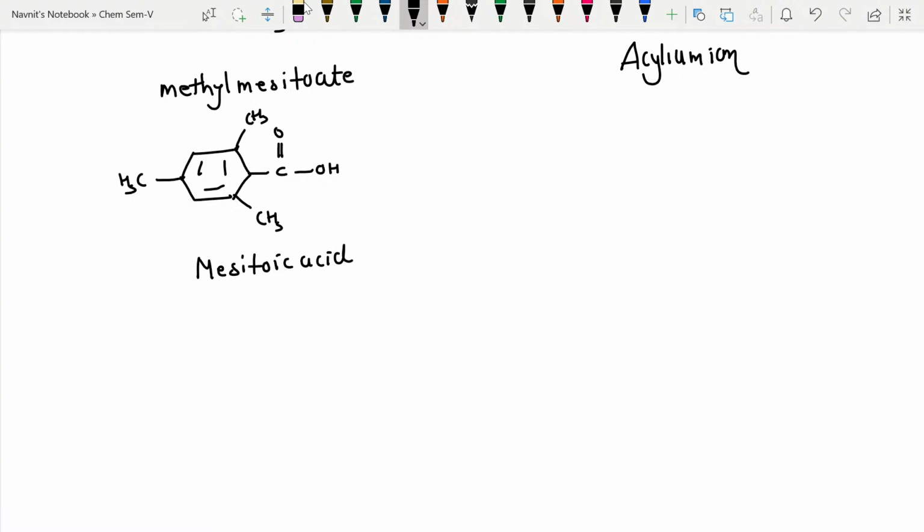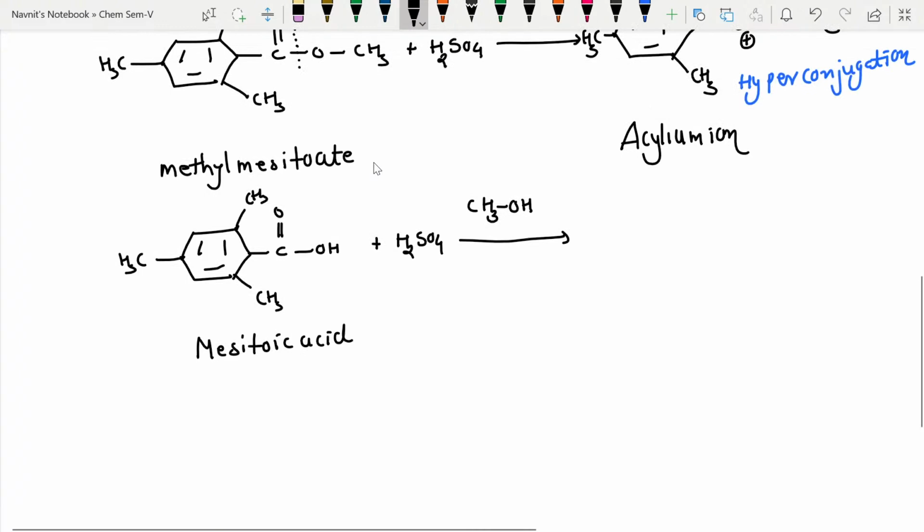So when I react this mesitoic acid with H2SO4, and now I am adding methanol. The mechanism we will discuss later on, but this mesitoic acid also leads to the formation of a stable acylium ion.